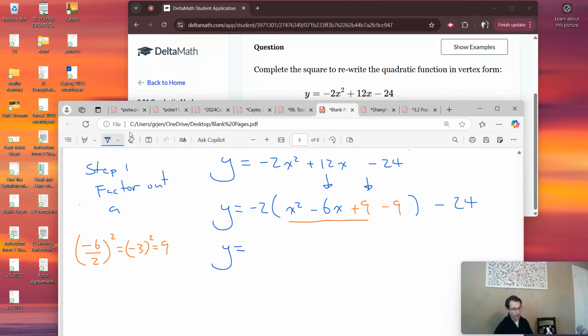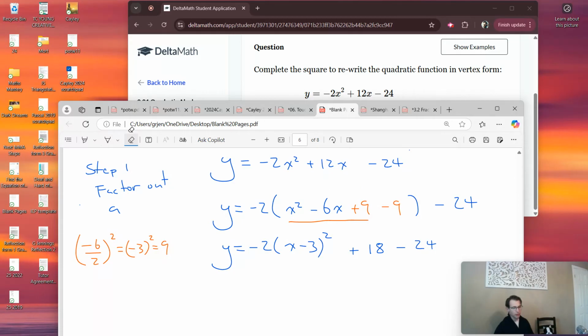So we have y = -2[(x - 3)² - 9] - 24. This -9 would love to get out of the brackets, but when it does, don't forget to multiply it by that -2, so it becomes +18, and then we still have this -24. When this one escapes, it has to be multiplied by that. Don't forget, it's still inside those brackets, team.